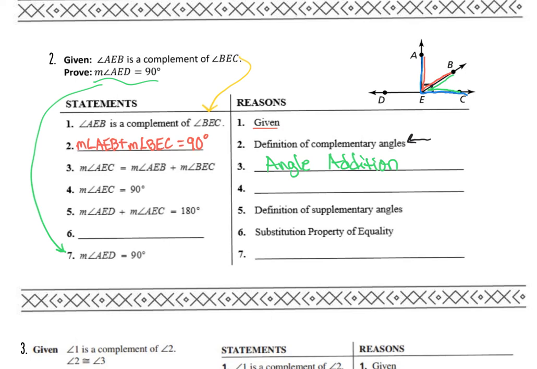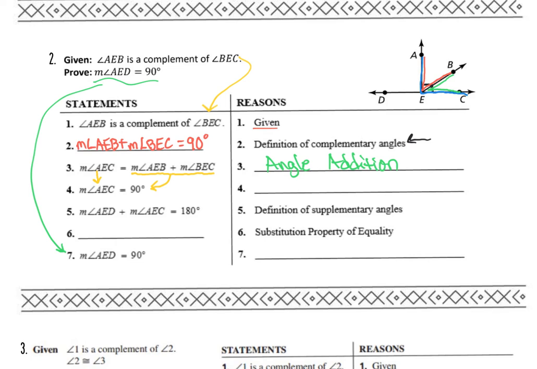Then we got 3 to 4, right? We go from measure of angle AEC equals AEB plus BEC to statement 4, which says the measure of angle AEC is now 90. So something happened here. It looks like it's some kind of substitution or transitive. So let's take a look here, right? From here to here, it stayed the same. But somehow, this whole piece here becomes 90 degrees, right? So I'm looking at statements 2 and 3. I'm going to look at some of the prior information here.